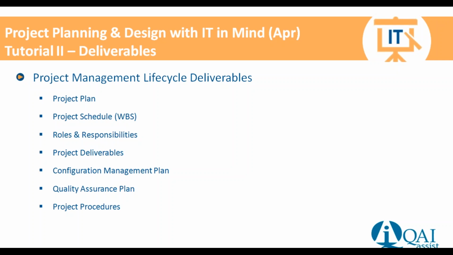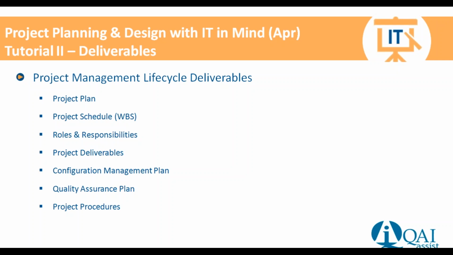We better have a project schedule or a work breakdown structure to get further clarity on the roles and responsibilities. We're going to identify, lay out and describe the deliverables that we're going to do for the project. We're also going to make reference to a configuration management plan as far as how we're going to take care of things as we go through the life of the project.